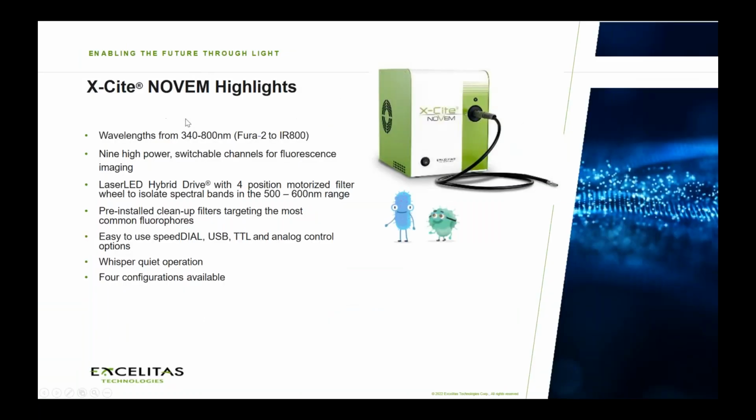So the X-Cite Novum, which was launched maybe a couple of years ago, and this is the key to the Novum, is that we can go from 340 nanometers, which was used for fluoro imaging, where traditionally you've had to rely on xenon lamps, which are very, very big instruments, very, very expensive instruments. And it goes all the way to 800 nanometers, which would help excite ICG, for example, which is a fluorophore that Gerhard covered in his, which is closer to the near infrared.